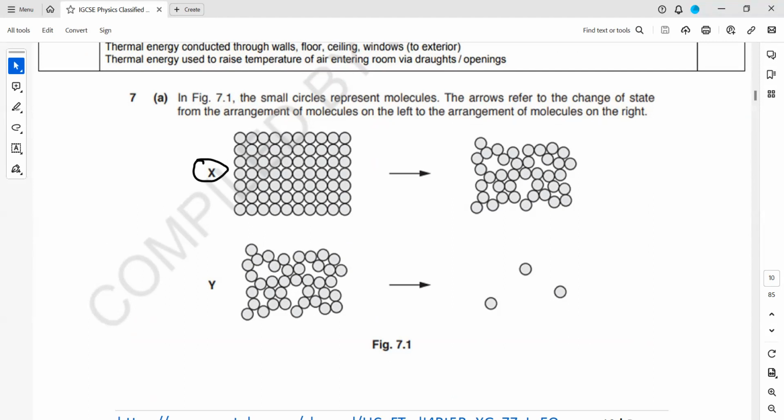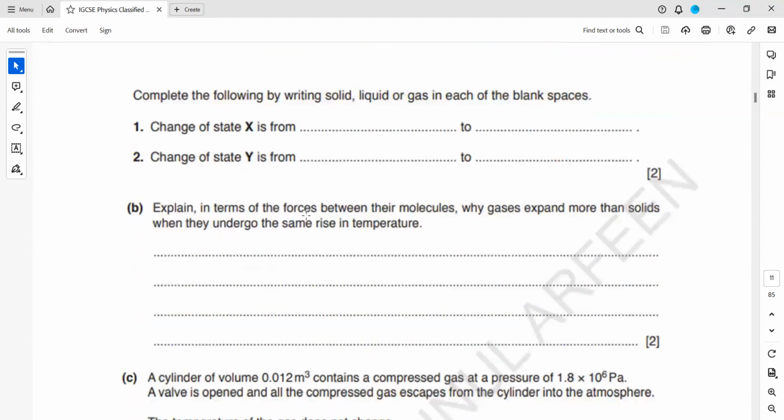Yeah, so solid is converting to liquid, that's right. Good. And the other one is the liquid is turning into gas. So the first one, the solid has turned into liquid. And the second one, the liquid has turned into a gas.